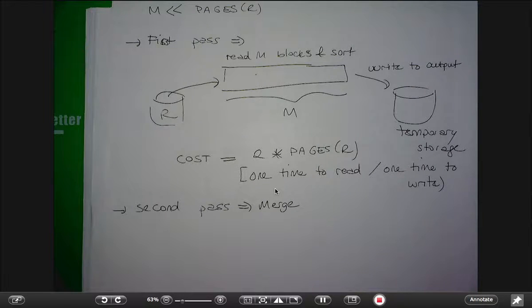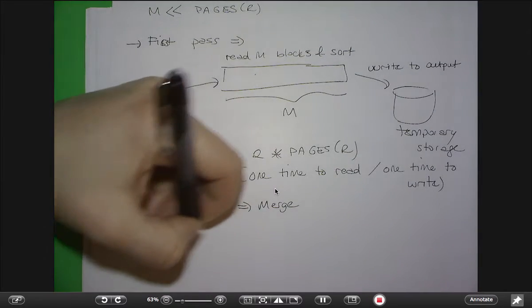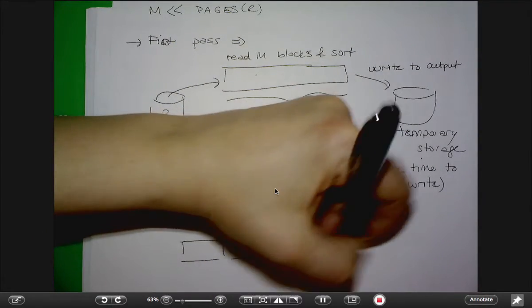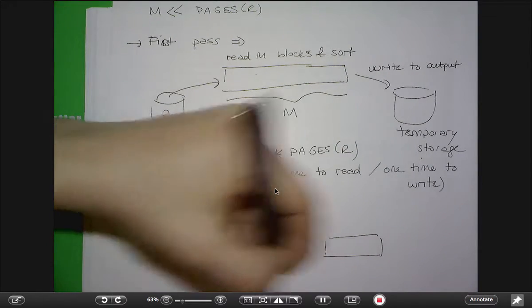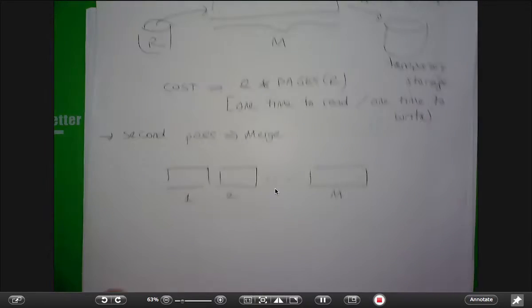So I can only merge m blocks at a time because that's how much space I have. So I'm going to take my m blocks and read one block from each of the sorted groups.